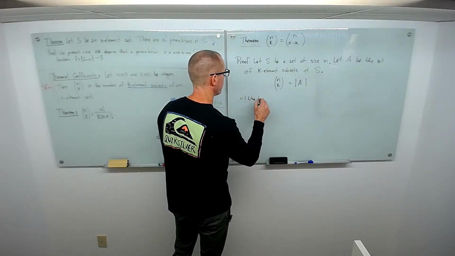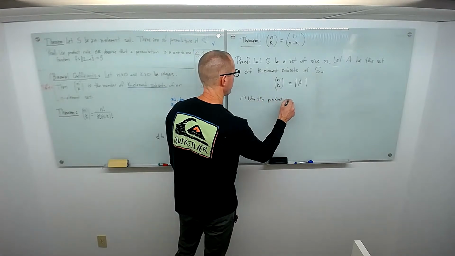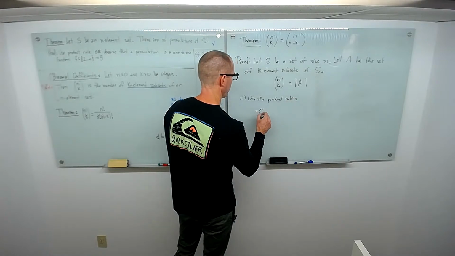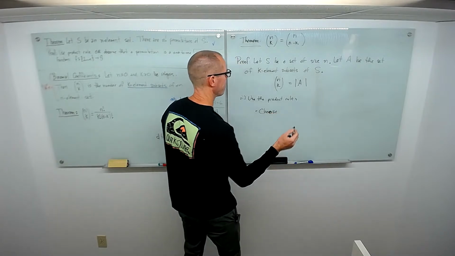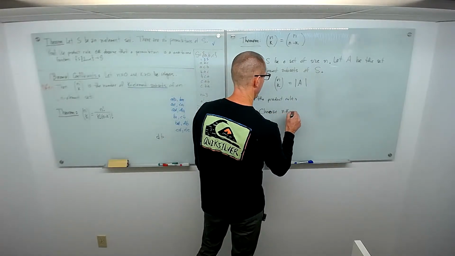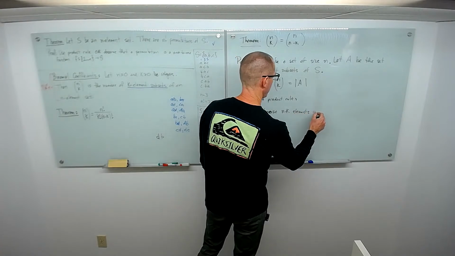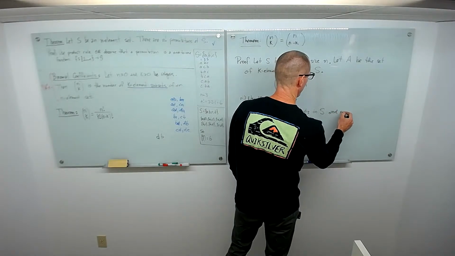Let's use the product rule. Choose n minus k elements in S and remove them.